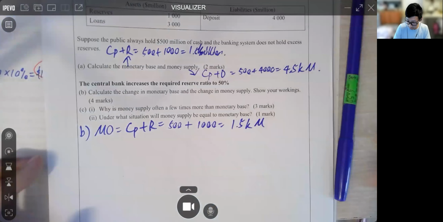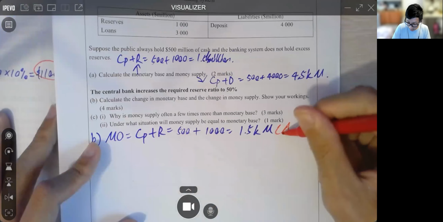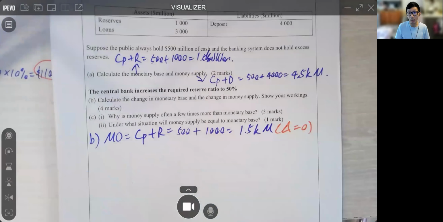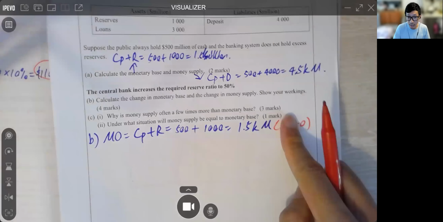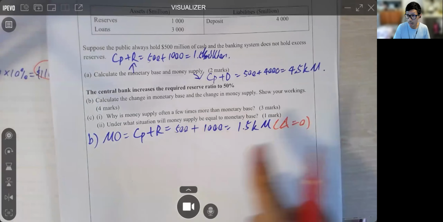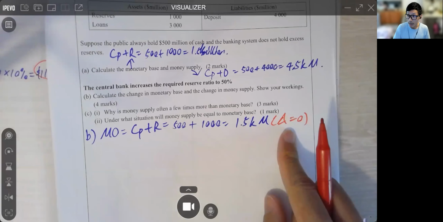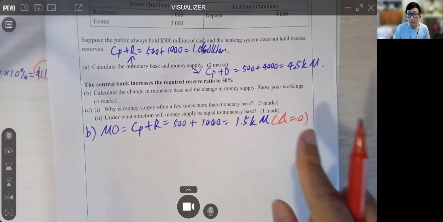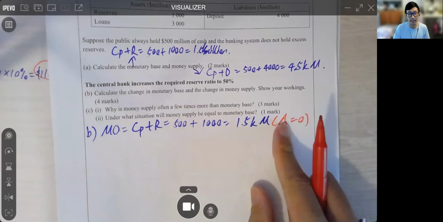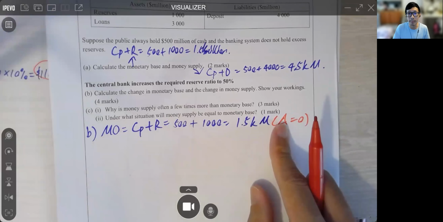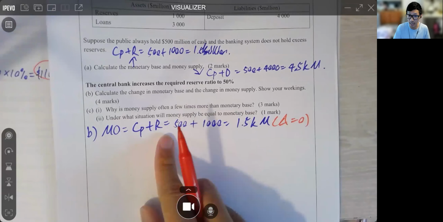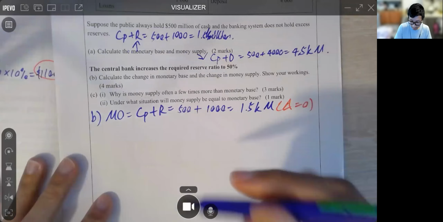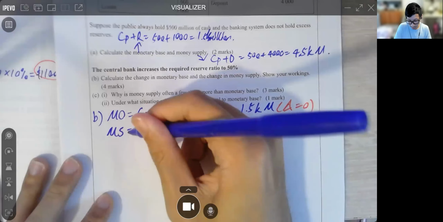What is the change? There is no change. There is no change in monetary base. Okay, this is very important, remember this. Credit creation and credit contraction will not affect monetary base, because it is CP plus R.